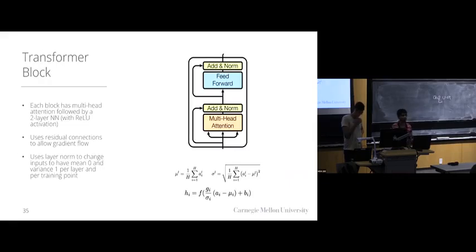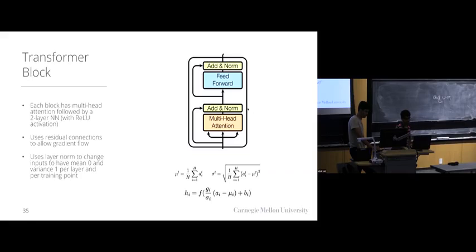So now I'll talk about how that fits into the transformer model. The transformer is primarily composed of this transformer block, and each block has two main components. It first has a multi-head attention, which I just described, and then it has a feed-forward neural network. Specifically, in transformers, it's a two-layered neural network with a ReLU activation function.